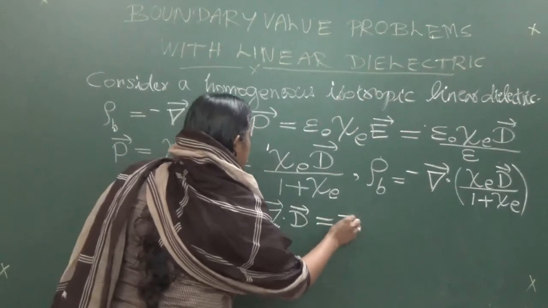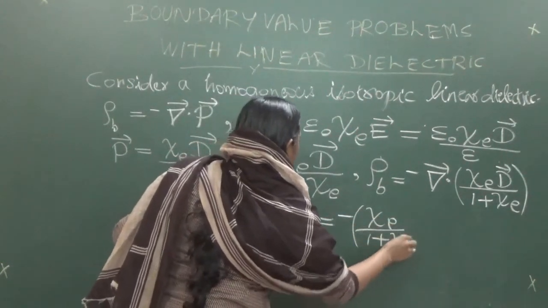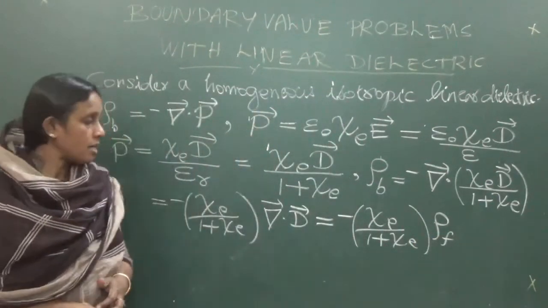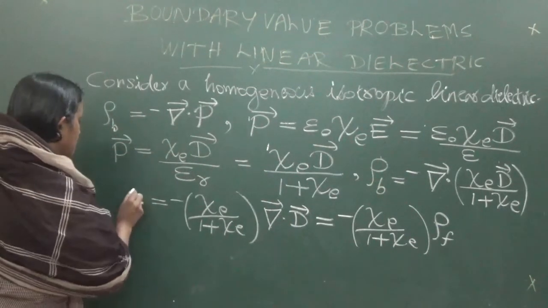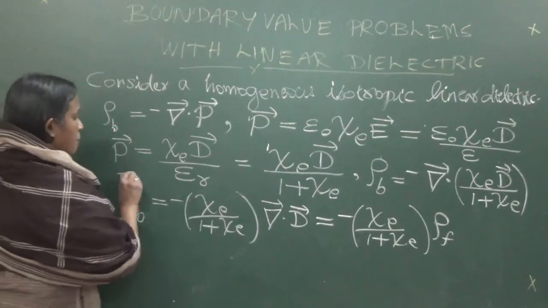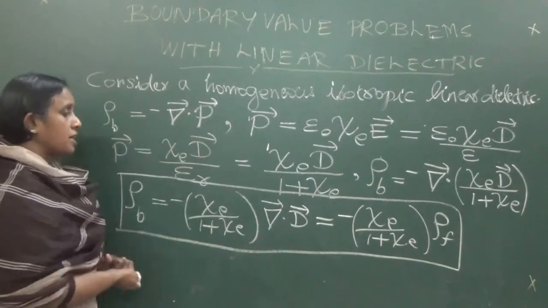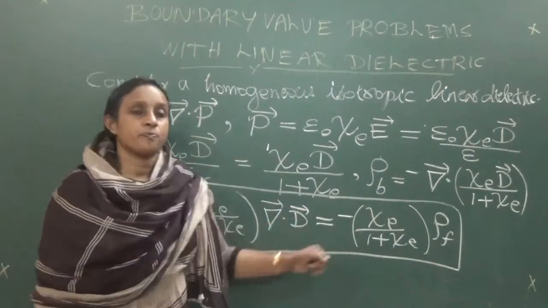So you can write this as minus chi e by 1 plus chi e times rho f. This is the bound charge density rho b. The bound charge density rho b is connected with the free charge density rho f by this expression.